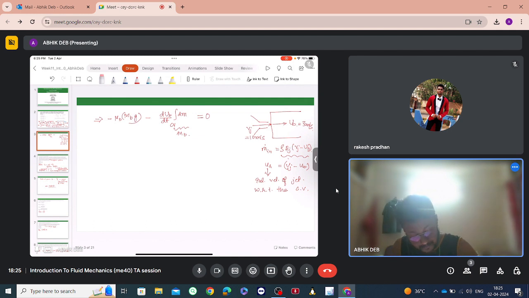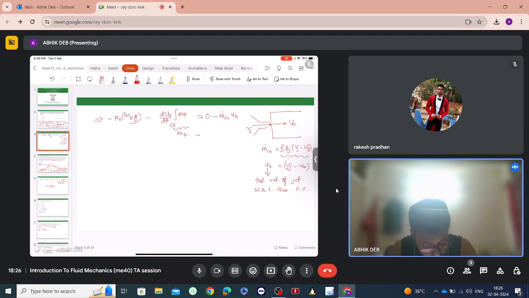So that is why this is minus of m dot in into ur. Here m dot in is what we have calculated, and ur is the relative velocity of the jet with respect to the control volume.